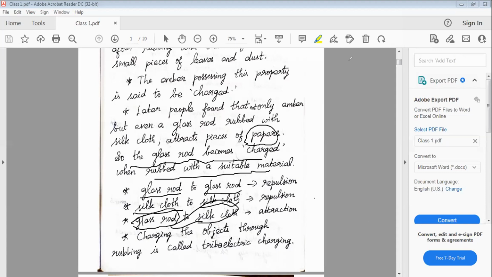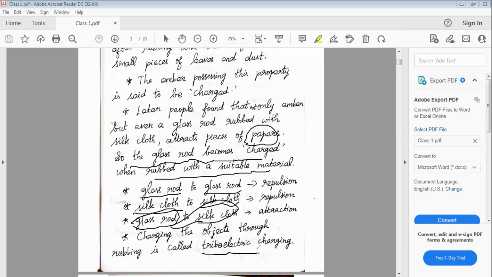So what happened is that normal uncharged materials, whether amber, glass rod or silk cloth, become charged when rubbed with another material. This is the process of charging an uncharged material through rubbing, and it is called triboelectric charging.